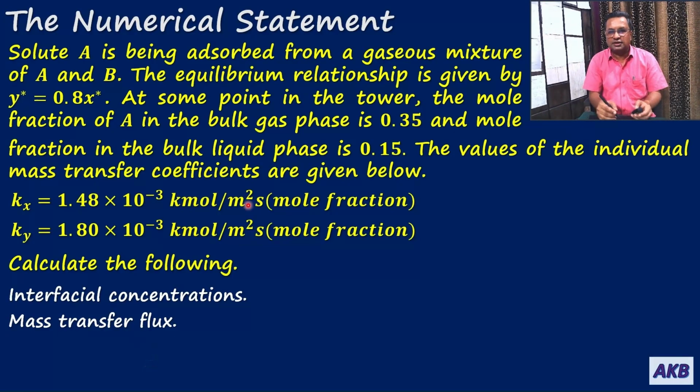So a simple absorption problem is given where you have a gaseous mixture of A and B, and solute A is being absorbed from this mixture into a liquid solvent. The equilibrium relationship is y star equals 0.8 into x star, where y star and x star are in equilibrium with each other. At some point in the tower, the mole fraction of A in the bulk gas phase is 0.35, and the mole fraction in the bulk liquid phase is 0.15.